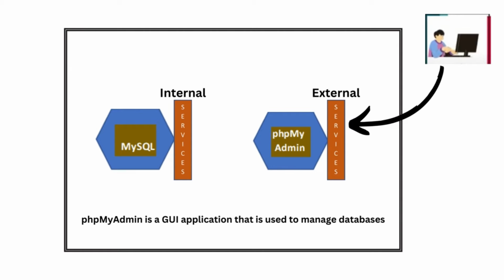However, PHPMyAdmin and MySQL will communicate with each other by using the internal service that has been created for MySQL, and then we will create a database from PHPMyAdmin to test the deployment. In all of this, you will learn what secret and config map are and how to use them. So let's start with understanding what secret and config map are.